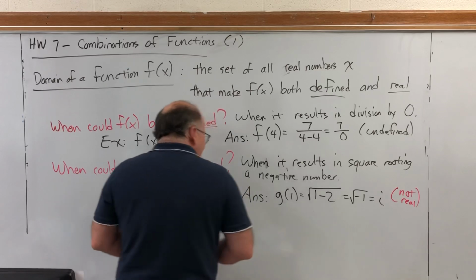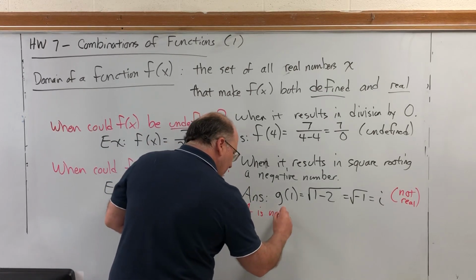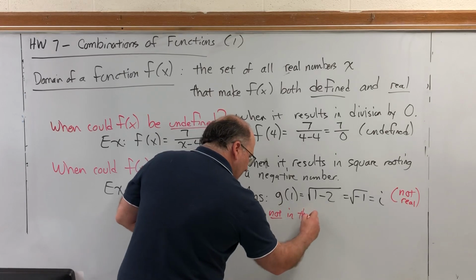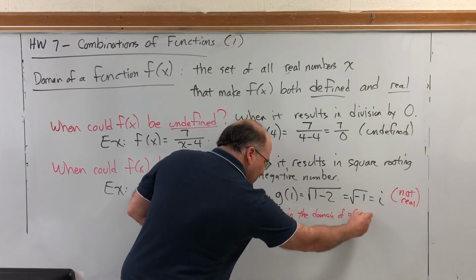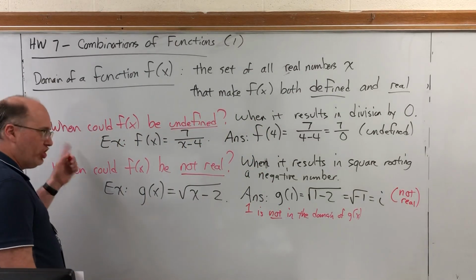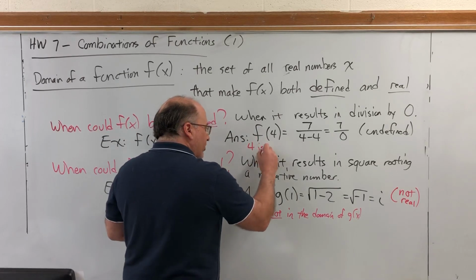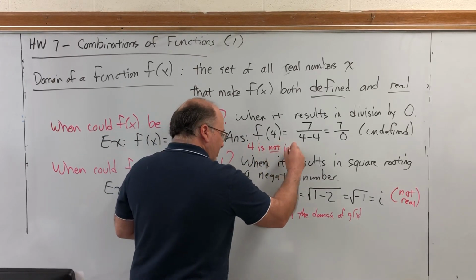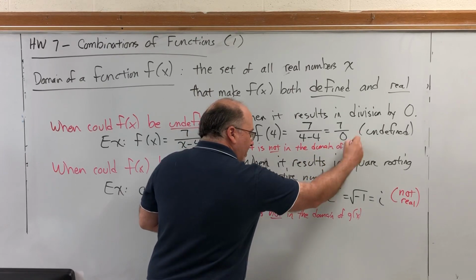So what that means in the context of this problem is 1 is not in the domain of g of x. And I guess for completion, I should go back to the previous example and clearly state that 4 is not in the domain of f of x.